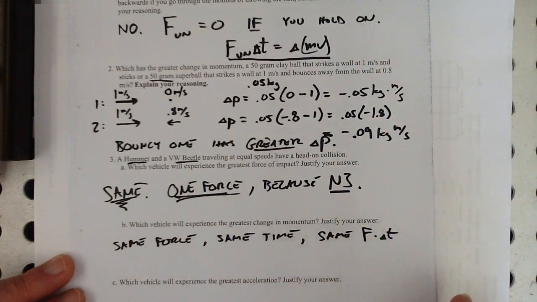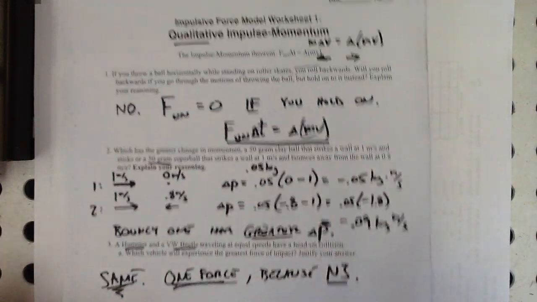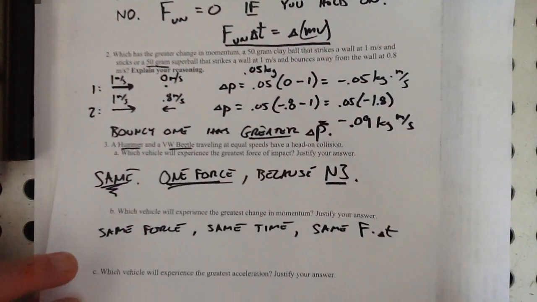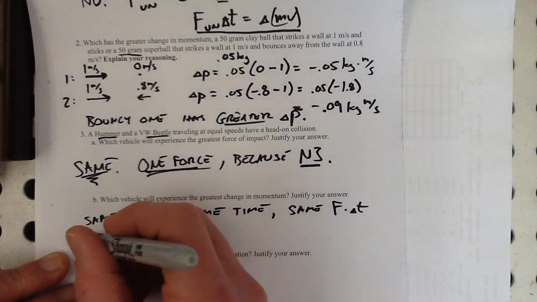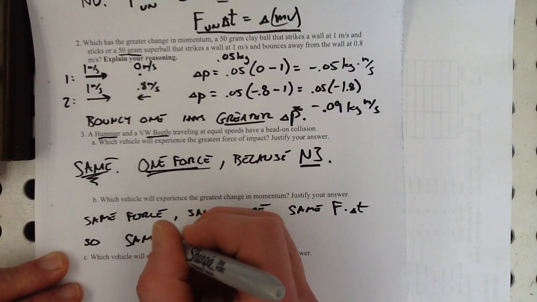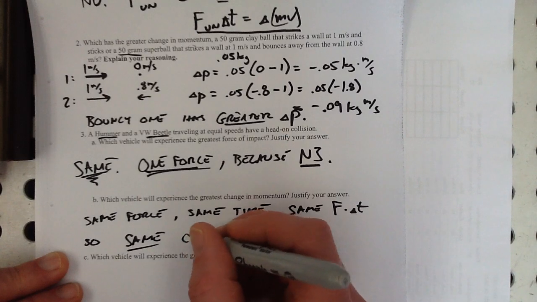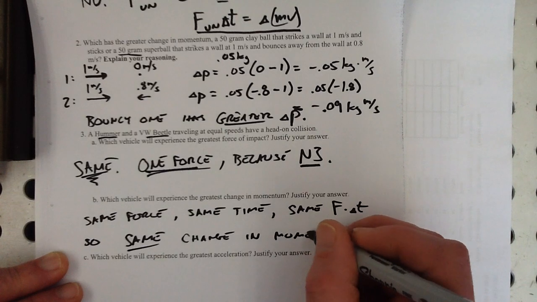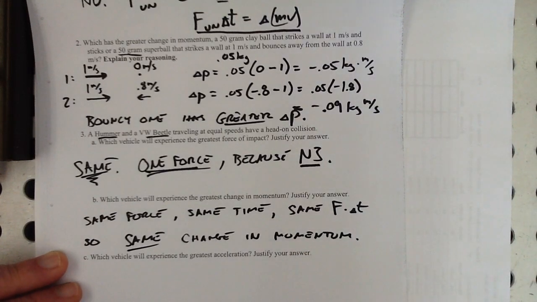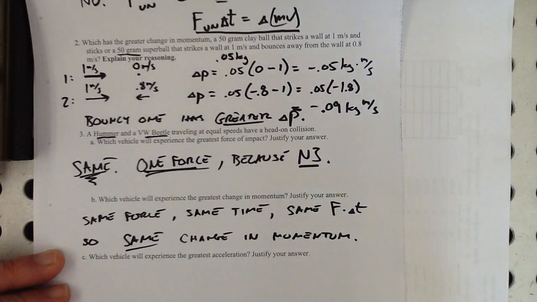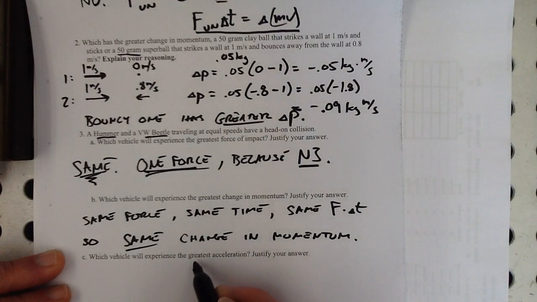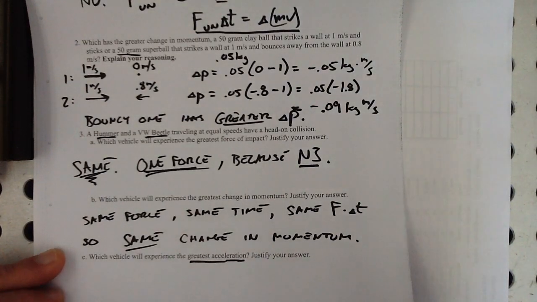Same force, same time, which means since force times change in time equals change in momentum, they have to experience the same. Might seem a little counterintuitive. It might seem like, well, isn't the Beetle experiencing more change in momentum? No. But which one will experience the greatest acceleration?